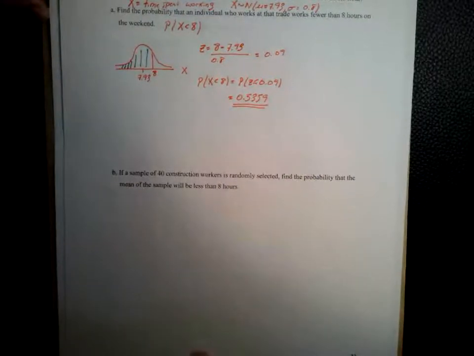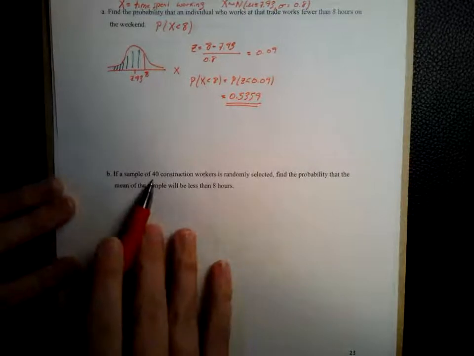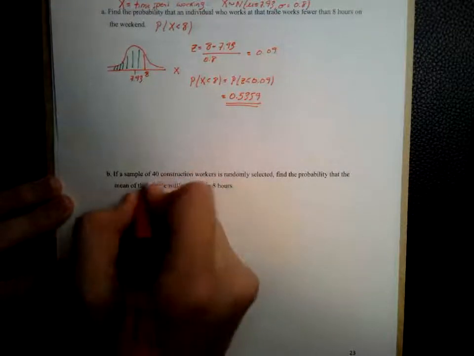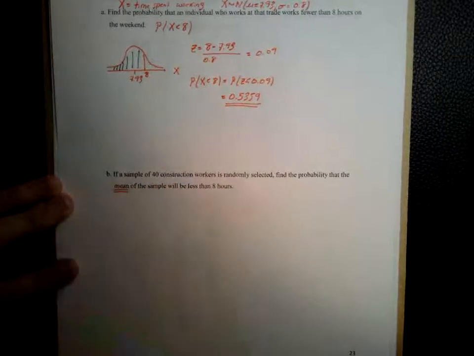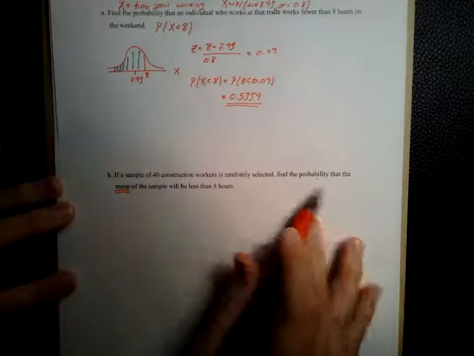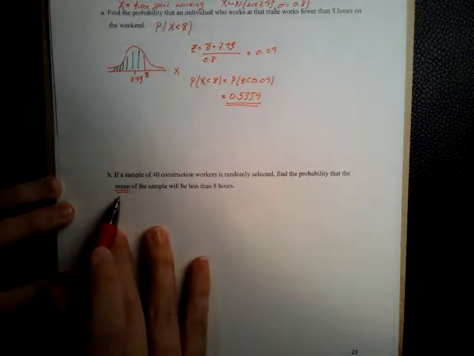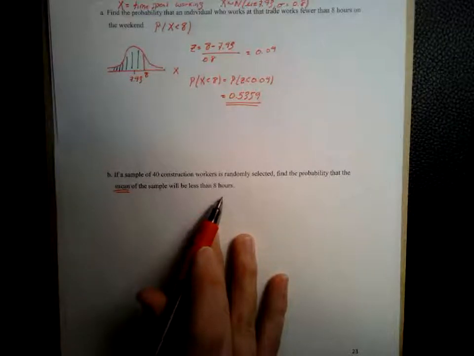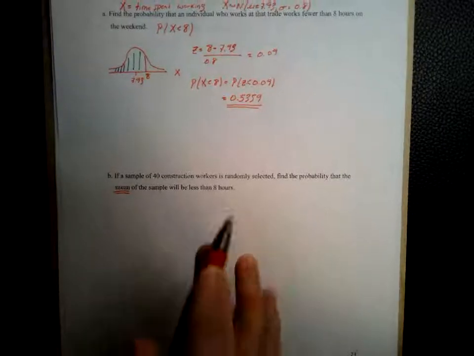Now, let's look at the second part. If a sample of 40 construction workers is randomly selected, find the probability that the mean of the sample will be less than 8 hours. In this case, it's saying find the probability that the mean of the sample will be less than 8 hours. So we're dealing with the distribution of the sample means.